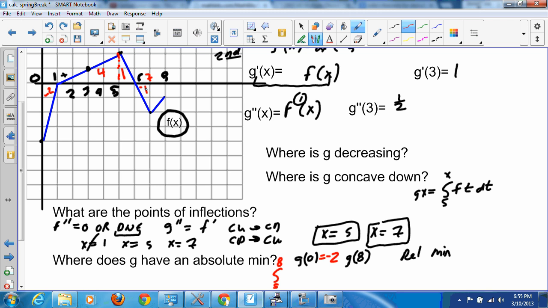So that's a negative 1. And then this little section is a base of 1 and a height of 1, so it's a negative 1/2. So from 5 to 8, we have a positive 1 and a negative 1 gives me 0, and a negative 1/2. So g of 8 is a negative 1/2. Okay, so those are the endpoints. Now we need to calculate.